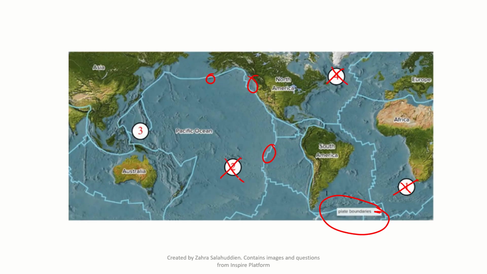And number 2 is not on a blue line. The only one on the line is number 3. So please look carefully at the picture, and anywhere on this line where you see the number on the plate boundary, that is where we will get an earthquake. So we get earthquakes along plate boundaries.